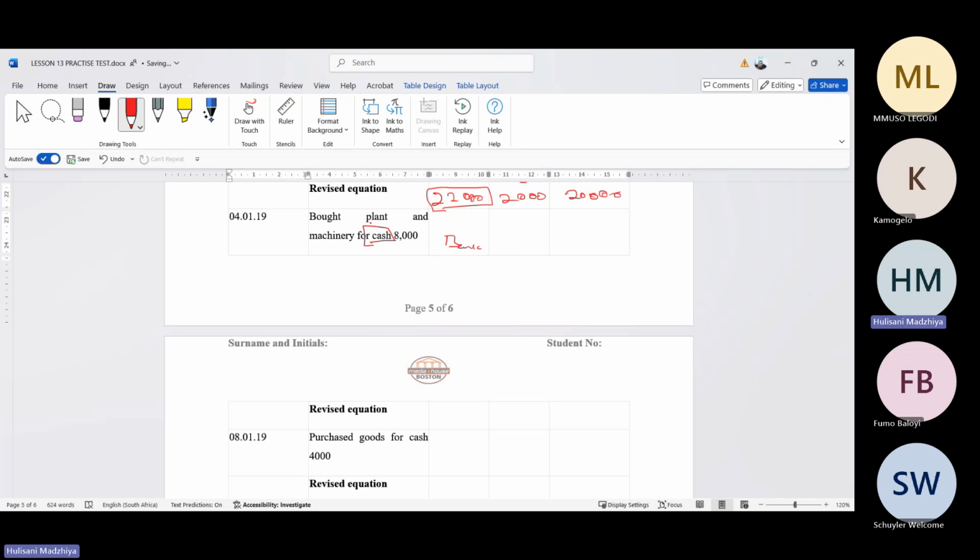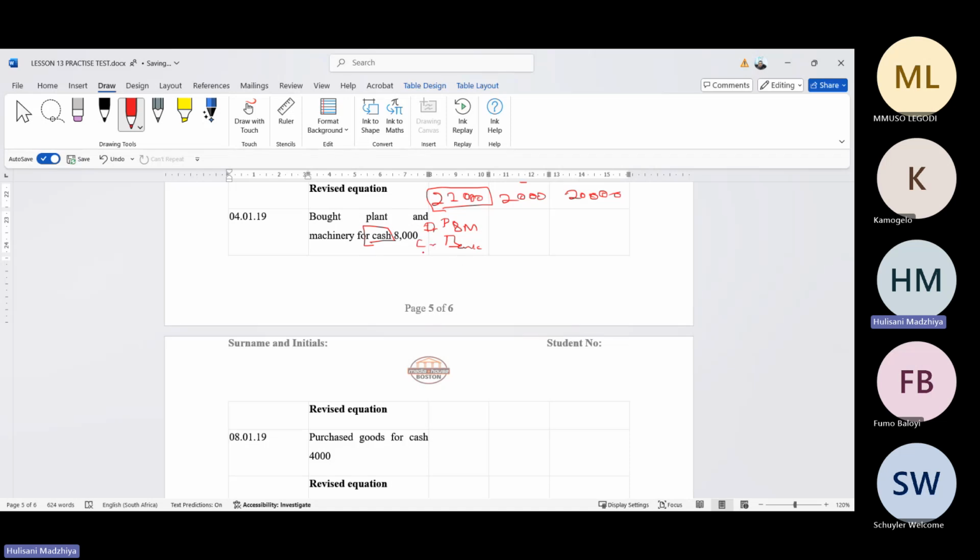Since we're buying plant and machinery, I'm going to say plant and machinery. Both of these are assets and therefore they will affect the asset side. So which one do we debit, which one do we credit? We debit the asset which we are buying because its value is increasing. So our plant and machinery value is going to increase, so we debit plant and machinery, whereas we credit the bank, indicating that money is going out of the business.